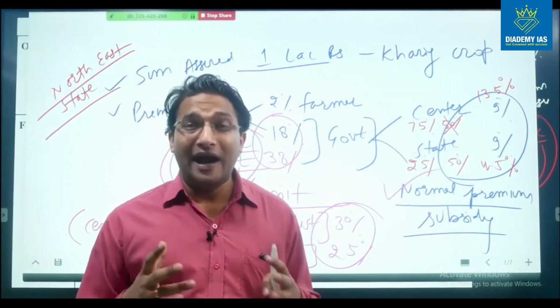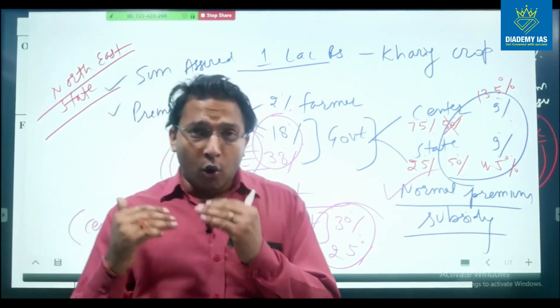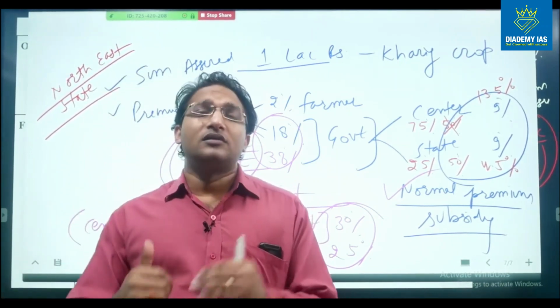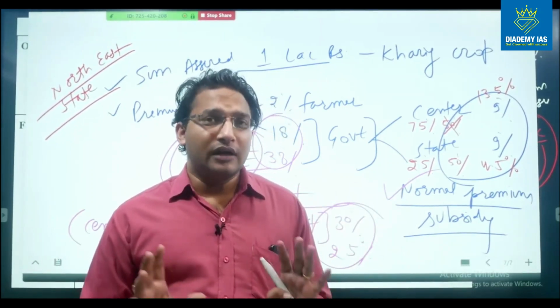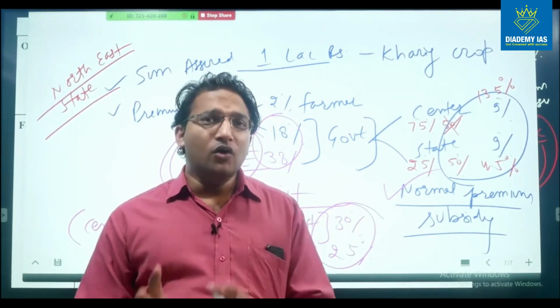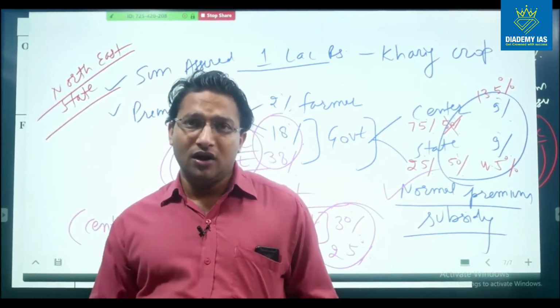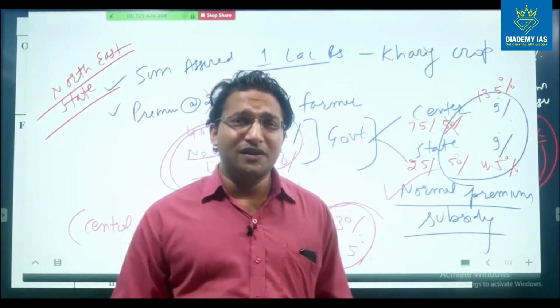Yes, eligible. So earlier all the farmers who took the loan were 100% required to do the insurance, right? Now it has been made voluntary for all. Now it is not mandatory for anyone. Why has this been done?